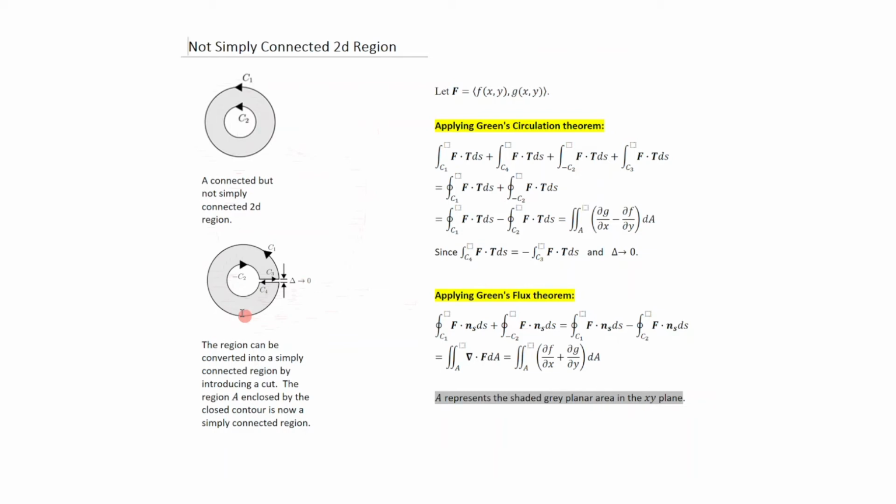And now you want to figure out what Green's circulation theorem and Green's flux theorem look like when we introduce this cut. That means a closed contour here will have four contributions as shown here. This is for Green's circulation theorem. So the contribution of C1, C4, minus C2, and C3. Again, minus C2 just means you're moving in a clockwise direction versus a counterclockwise direction.